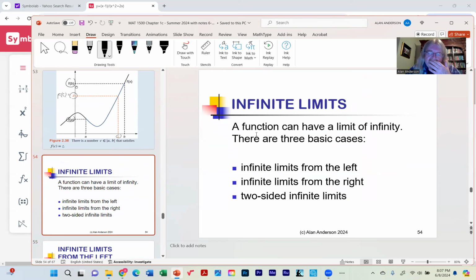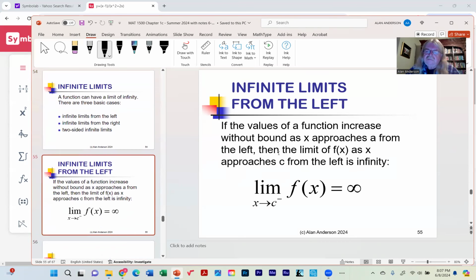Now, infinite limits. We've run into this already a couple of times. Usually they involved asymptotes. So we can have infinite limits from the left, infinite from the right, two-sided infinite limits. Okay, so here's an infinite limit from the left. Basically, you can imagine what this looks like.